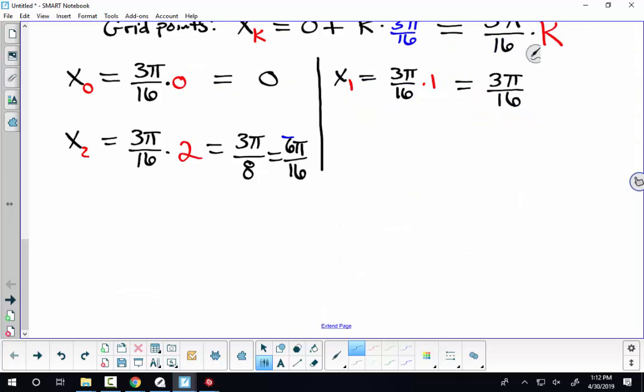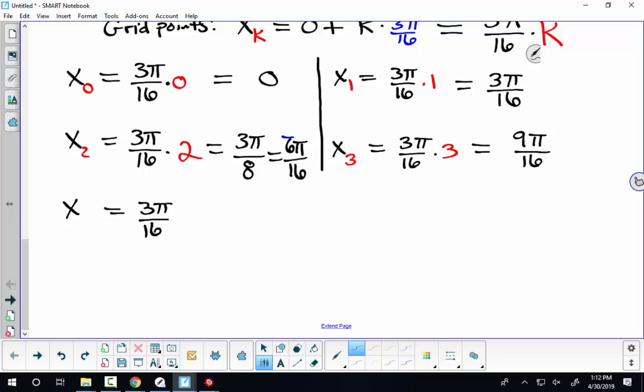Two more to find. x sub 3 is 3 pi over 16 times 3. That gives us 9 pi over 16. And then finally, x sub 4 is 3 pi over 16 times 4, which is 3 pi over 4.